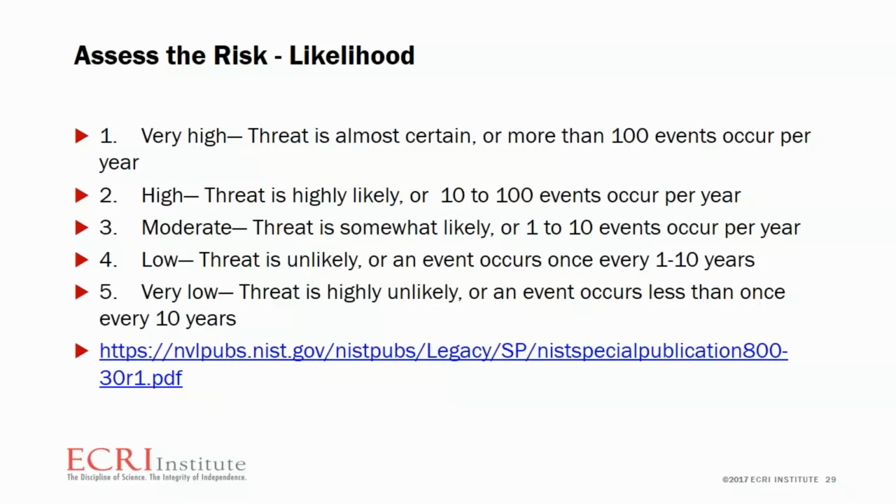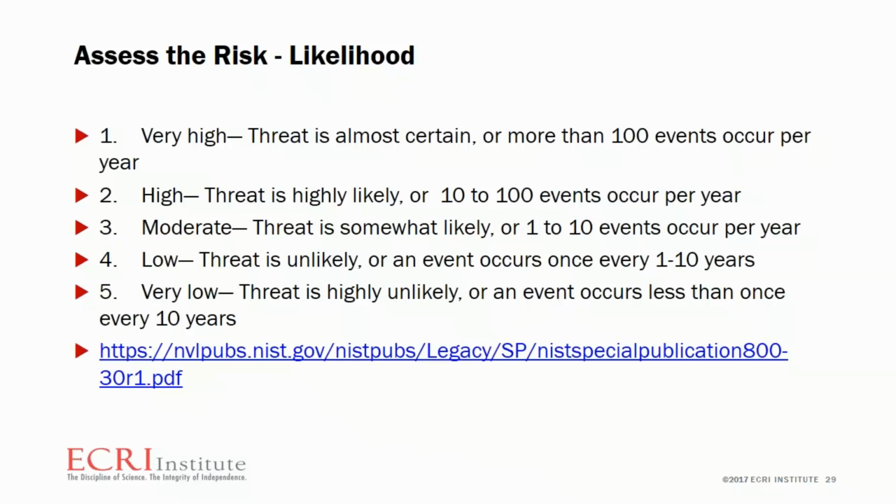So once you determine the threats, you need to determine the likelihood of an event happening, a threat happening. Sources that can help you determine the likelihood include the vulnerability severity, which we discussed. How easy is this to actually pull off? There's threat intelligence. What's the current threat landscape in healthcare?